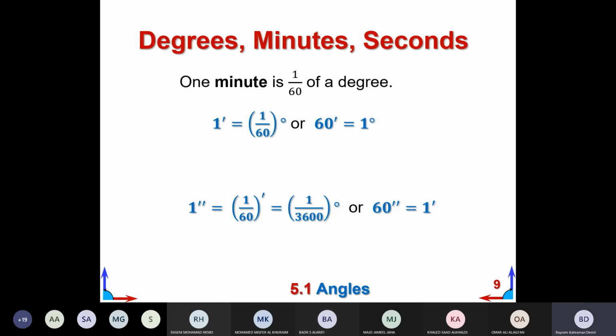Now, degrees, minutes, and seconds. It is like hour, minute, and second for measuring time. For long times, we have to say hours. If it is too long, we say days.